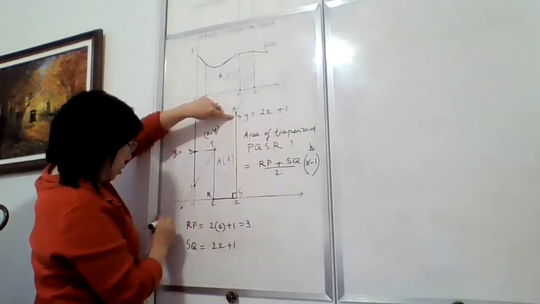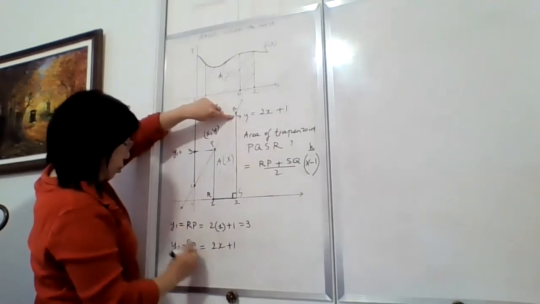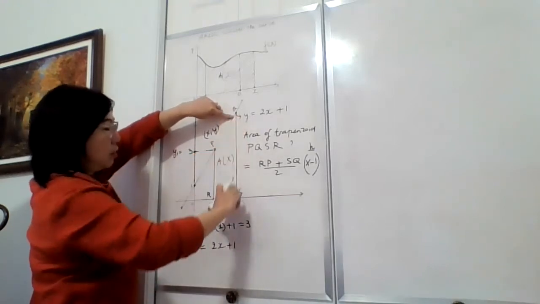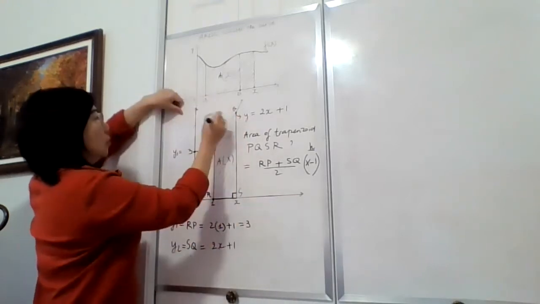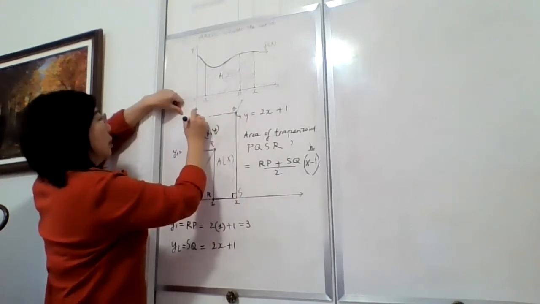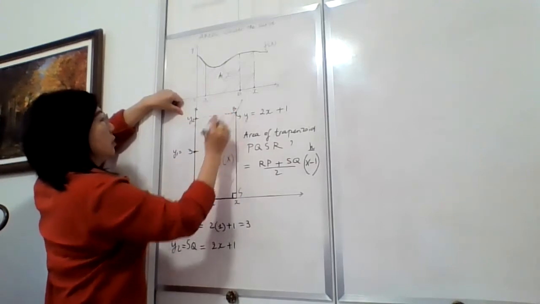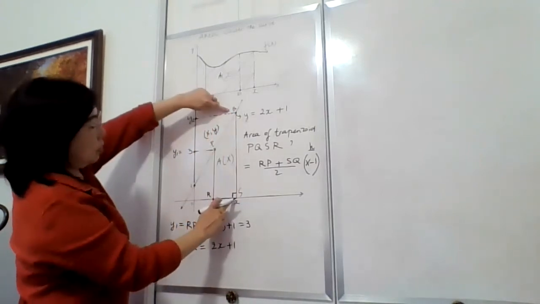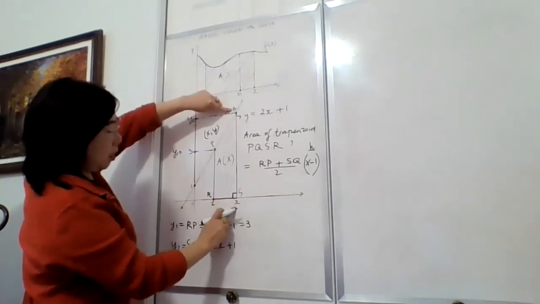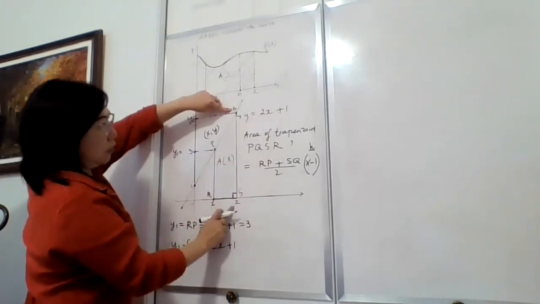So this is y1 and this is y2. y2 equals this. This is the unit of y2, which is y2 here. So y2 is the unit of SQ, and because we mark this as x units, we substitute in here just the function itself.